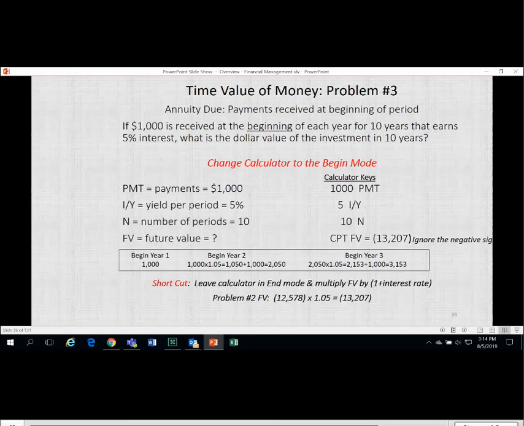Well, I could just multiply by 1 plus the interest rate, and I get that 13,207. So what is the difference? It's just down to with an annuity due, you receive cash sooner, and therefore, if you receive cash sooner, it's worth more.